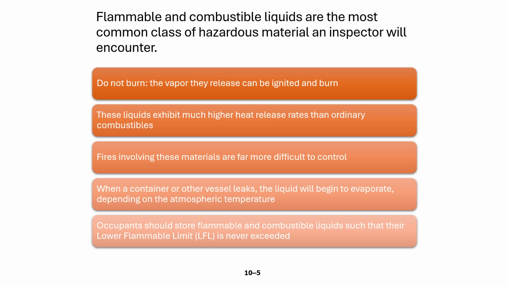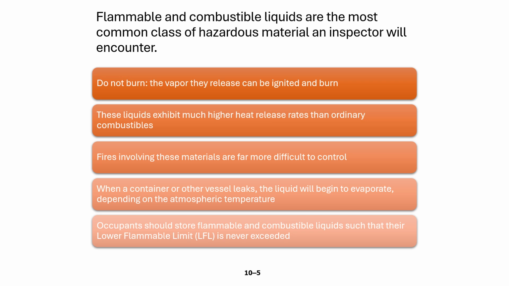So when we do have a flammable liquid container or some type of leak in a vessel, the liquid will evaporate, depending on the atmospheric temperature and the material itself, but that vapor is what needs to be considered as far as how it will ignite.